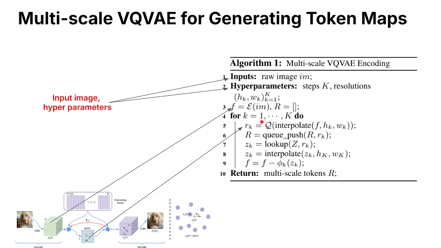If you apply quantization, instead of this one slice, we'll just have one index itself, right? So instead of 1 by 1 by C, it will simply become 1 by 1 by 1. If the scale was 2, then instead of 2 by 2 by C, it would become just 2 by 2. So these are the token maps that we're talking about. These tokens are basically like the indices for looking up the vocabulary, right?